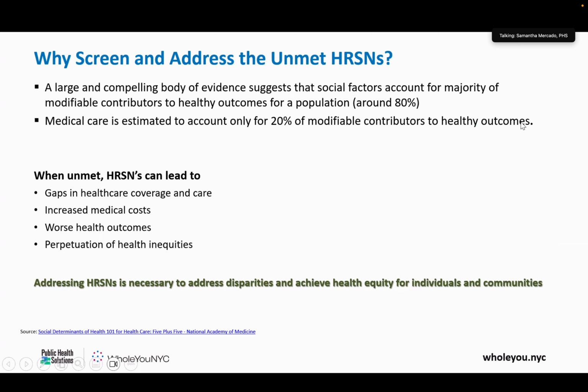So why screen and address for unmet HRSNs? There is a large body of evidence that suggests that social factors account for a majority of modifiable contributors to healthy outcomes for a population.